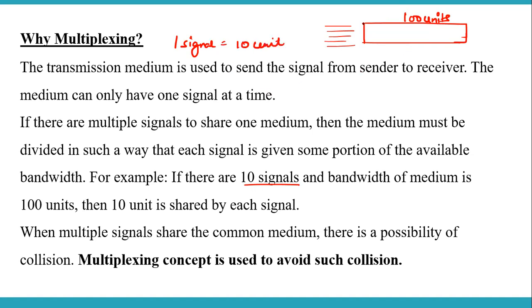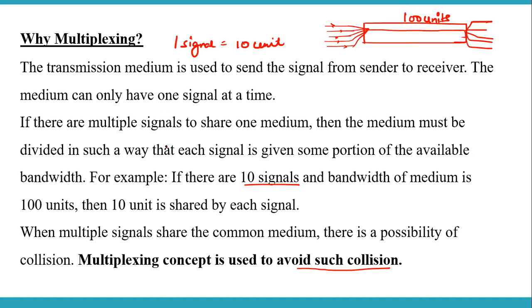So when multiple signals are there and they share the common medium, and I want to send so many data streams to this receiver, now what will happen is that this is a single medium and so many signals are there. So collision may occur. So the multiplexing concept is used to avoid such collision. What will multiplexing do? Multiplexing will combine all these into one signal, and then it will send this one signal throughout this medium, and as soon as it reaches the demultiplexer, again it will divide the signals into the different numbers.